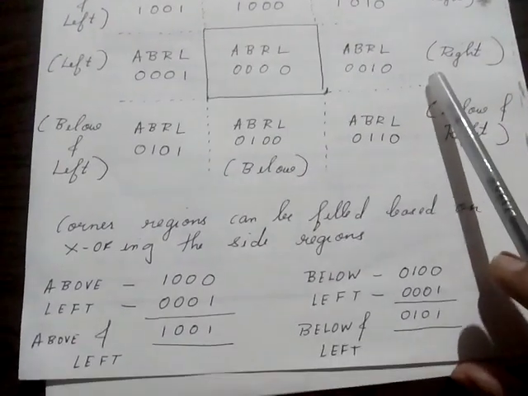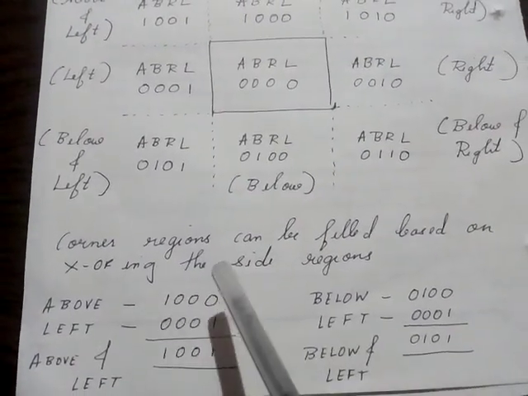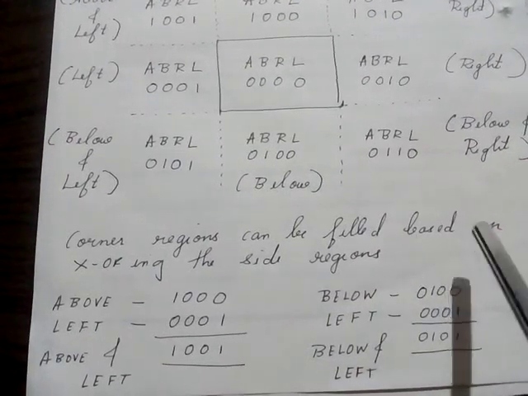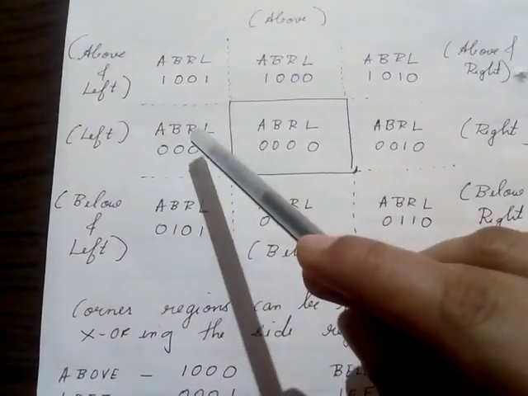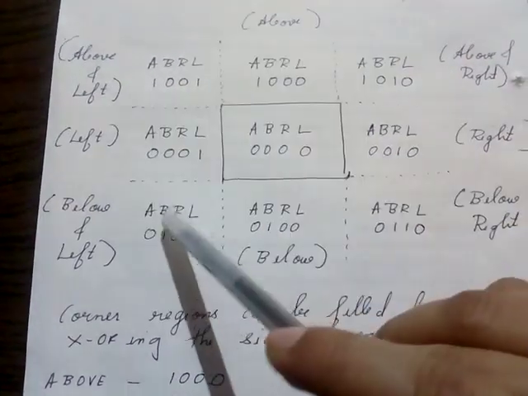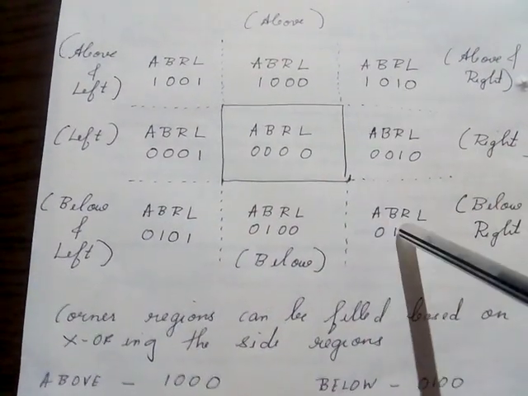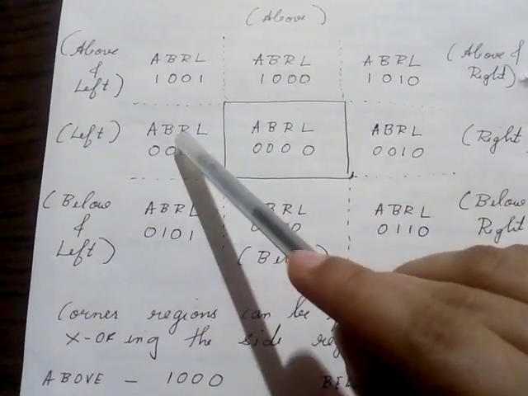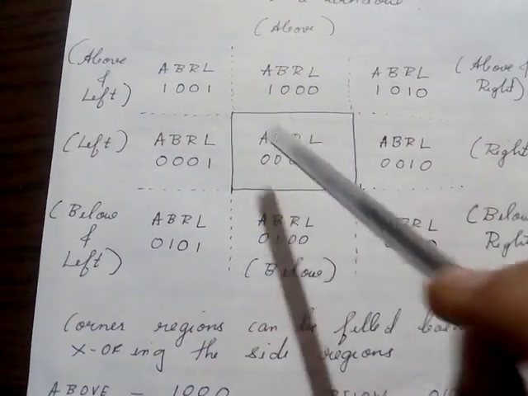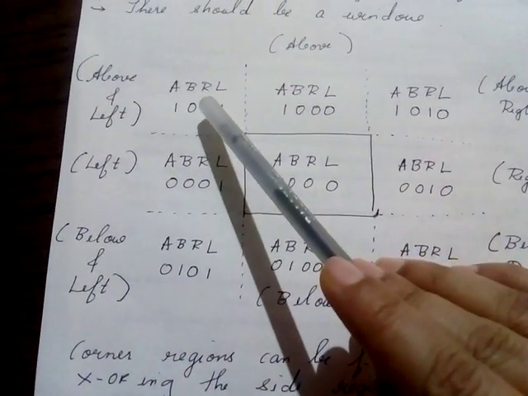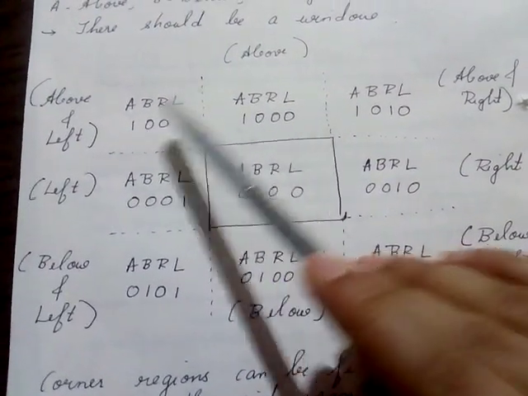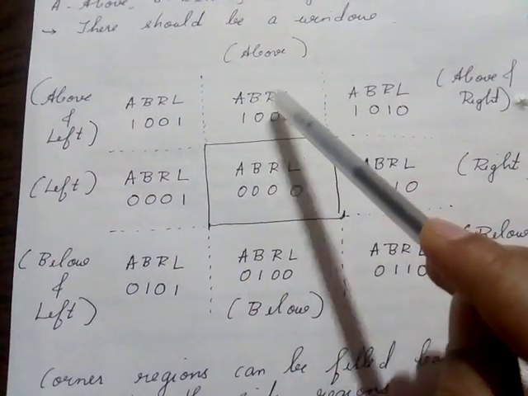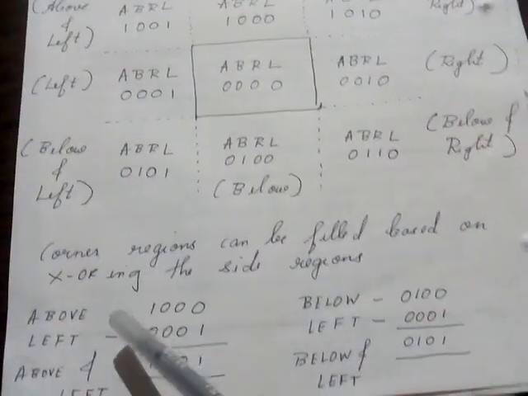Next, the corner regions can be filled by XORing the side regions. For example, this region is above and left, so to get it you have to XOR above and left.